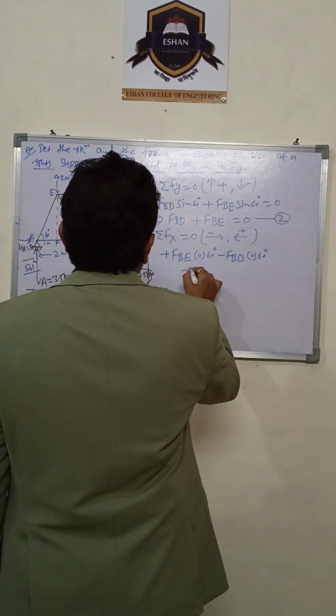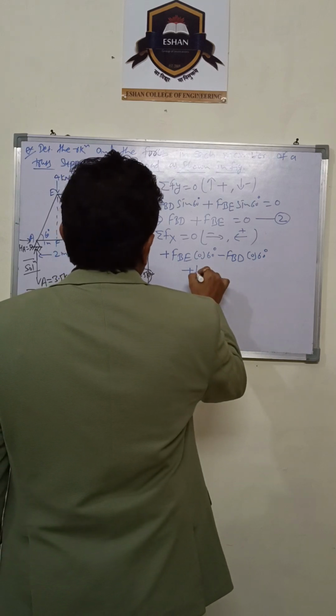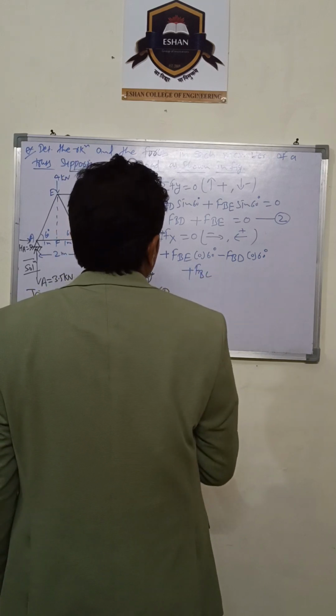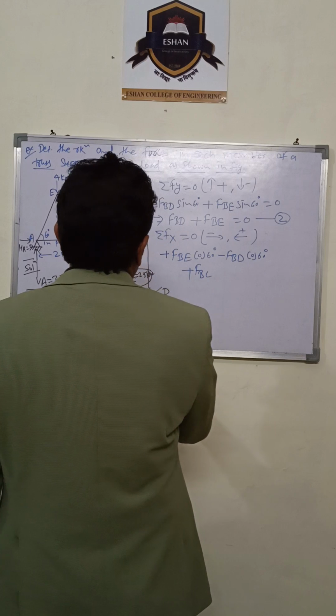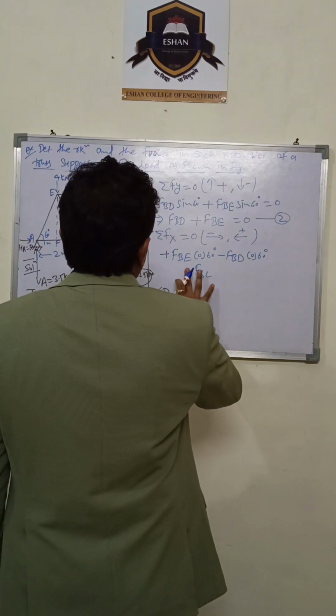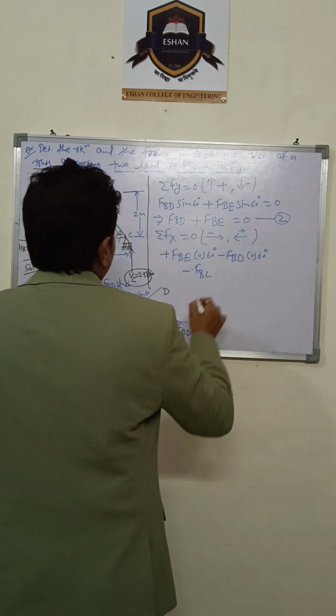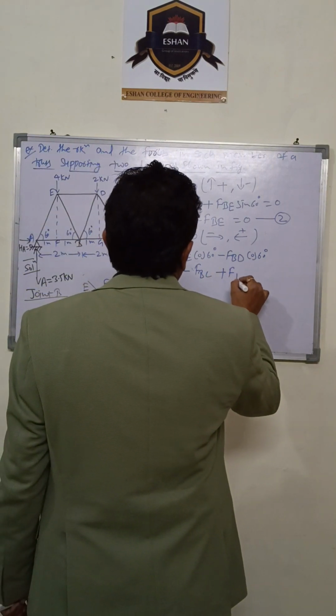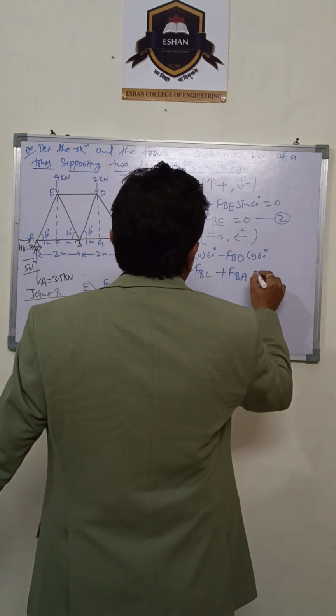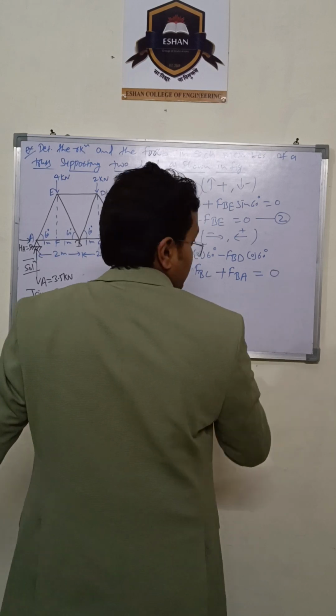Also consider the members FBC, considered negative, left to right, and BA positive, FBA, equal to 0.